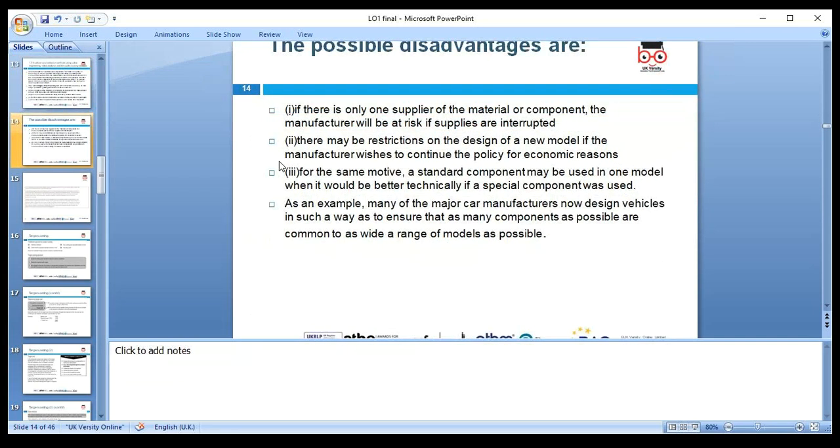Then the disadvantages, because sometimes we set the standard 10 years ago, and maybe it doesn't match now. There are different types of standard. Ideal standard is the ideal situation, where no variation is allowed.